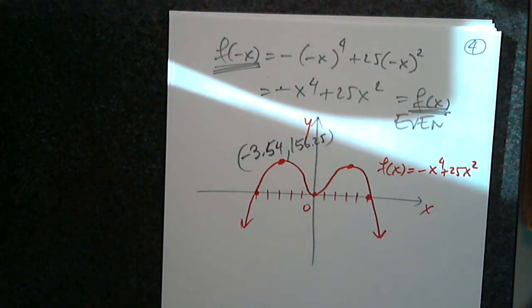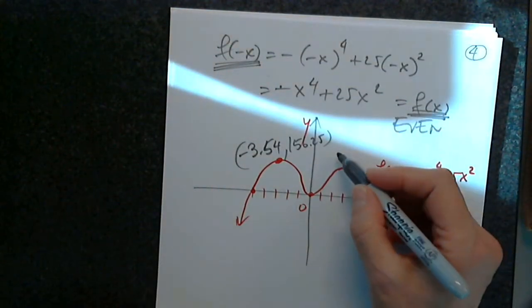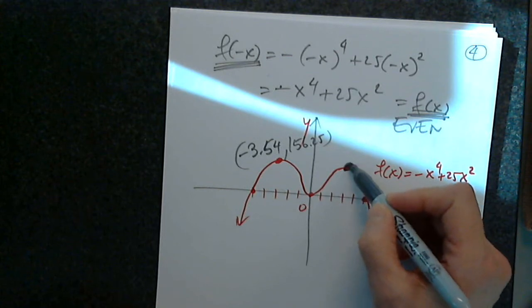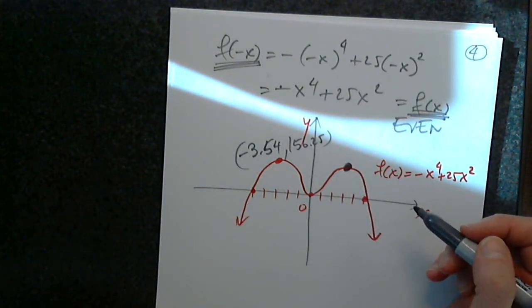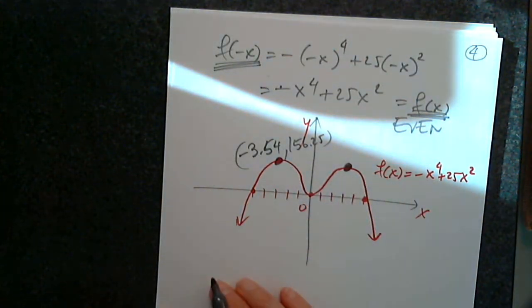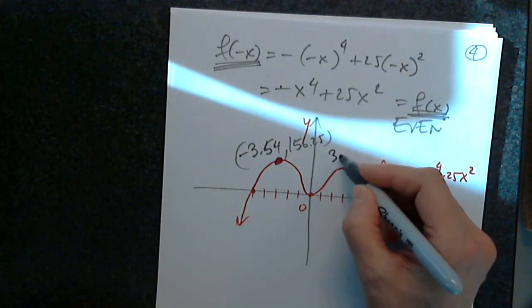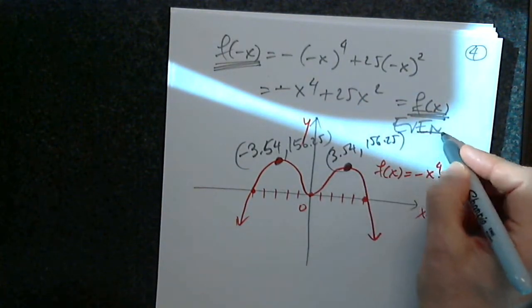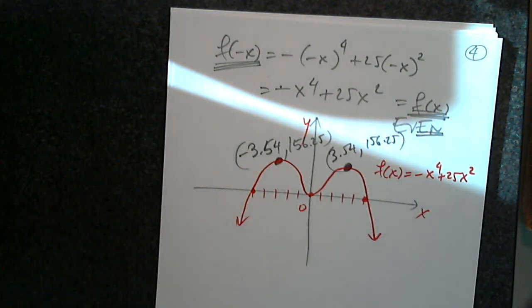Can anyone give us the other max without calculations? It would be positive 3.54, comma, 156.25. Of course, because the function is even. Very good. So that's how we use the fact that the function is symmetric. Not all functions are symmetric.